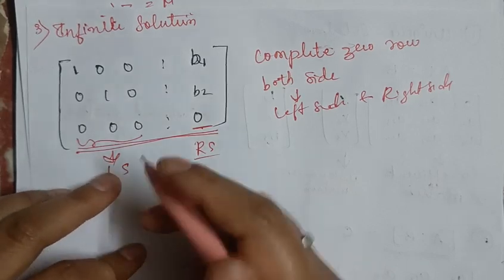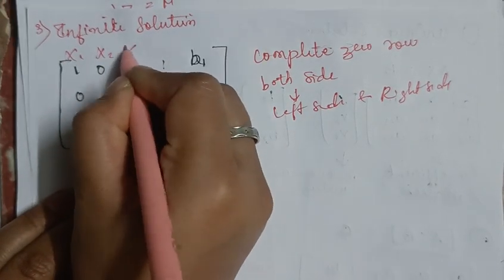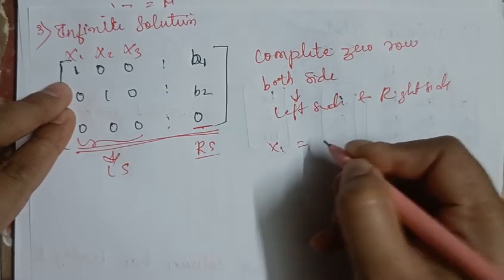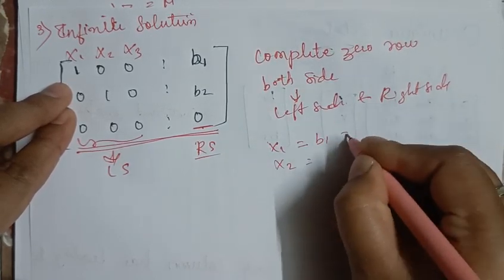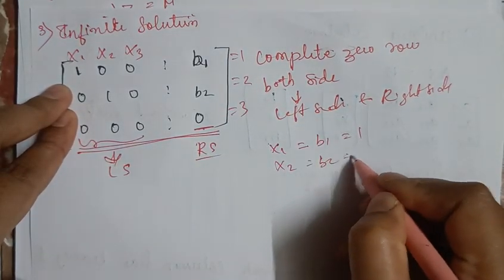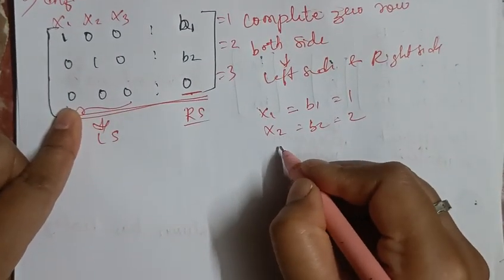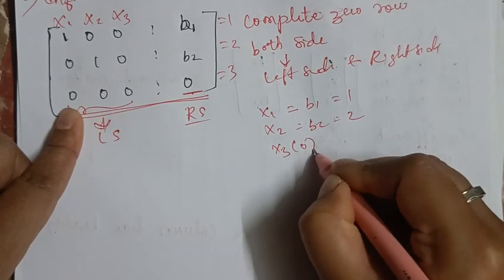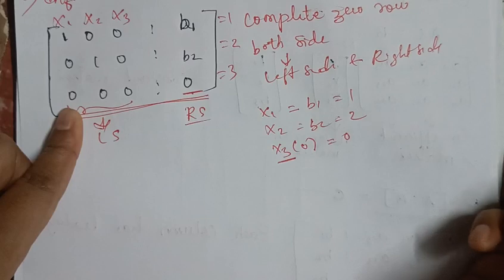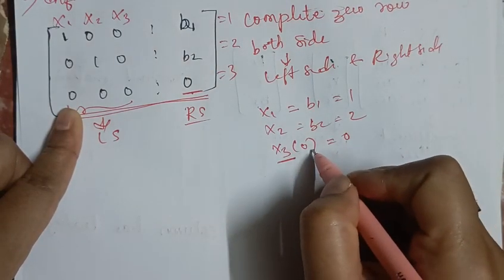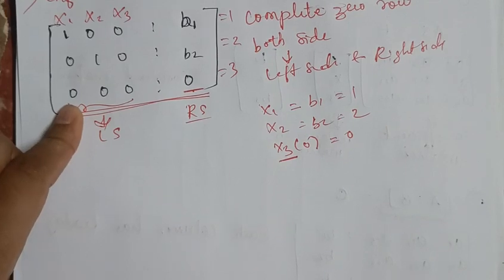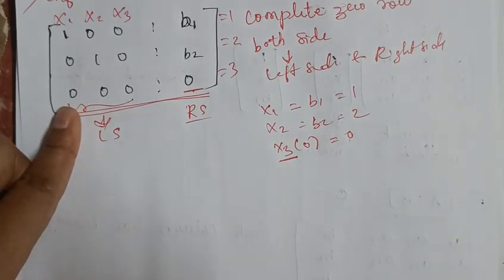I'll tell you how. Again, we know the coefficients of x1, x2 and x3. So here I'm going to get x1 equal to some value b1, x2 equal to some value, let me consider 1, 2, 3 again, so b2 is equal to 2. Here x3 multiplied by 0 gives me 0, so x3 can be anything. 1 into 0 is 0, 2 into 0 is 0, 3 into 0 is 0, minus 3 into 0 is 0.